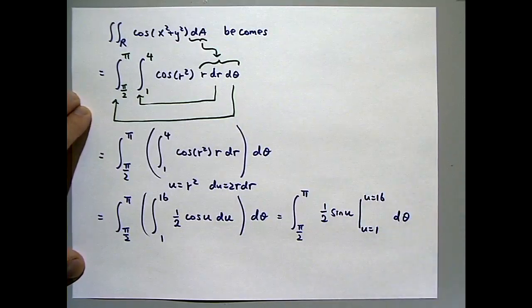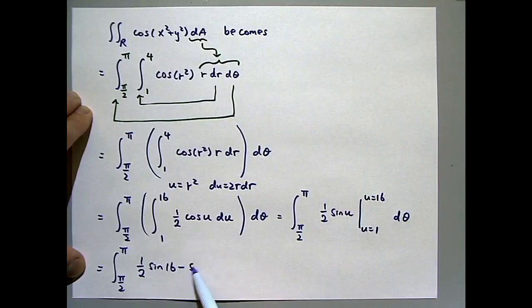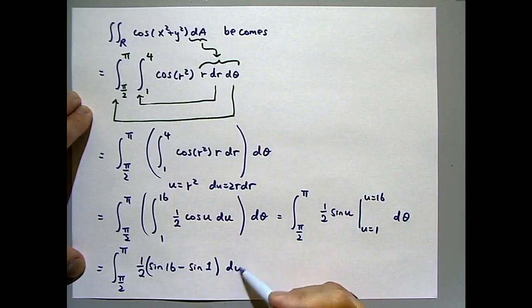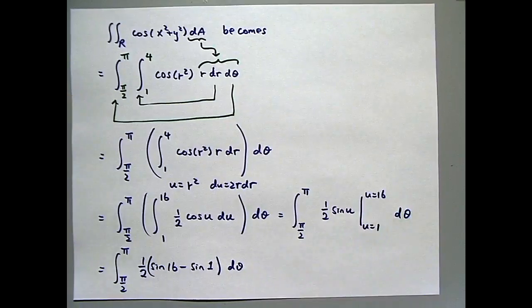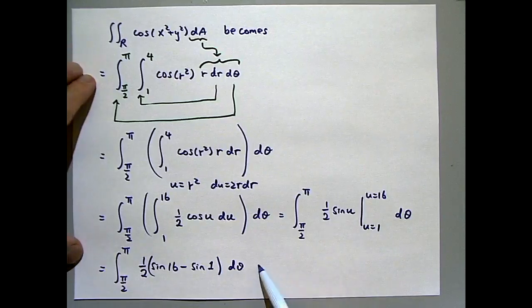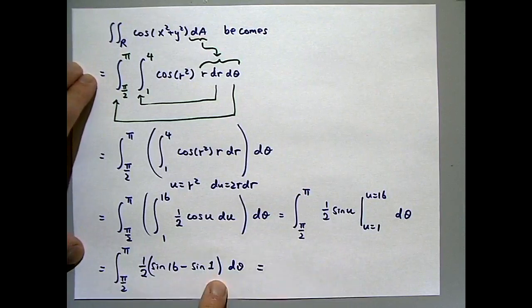Then the rest of this is just very, very simple stuff. We have pi over 2 to pi, 1/2 times the quantity sine of 16 minus sine of 1. Notice that there's no theta here.